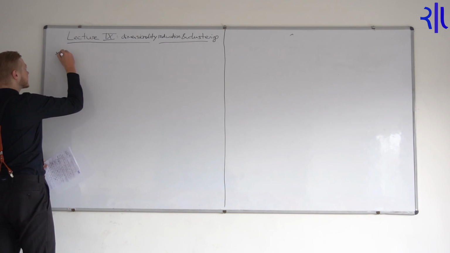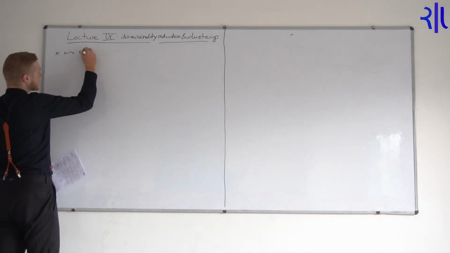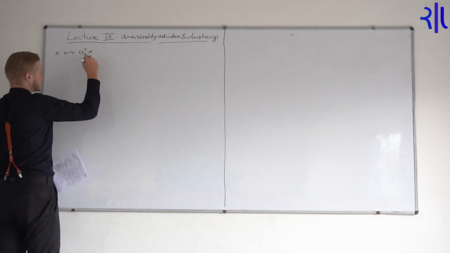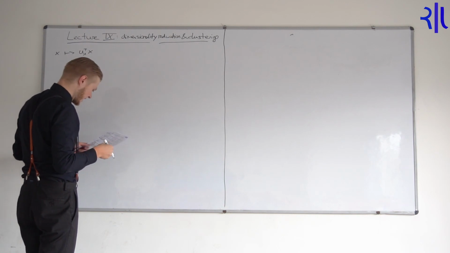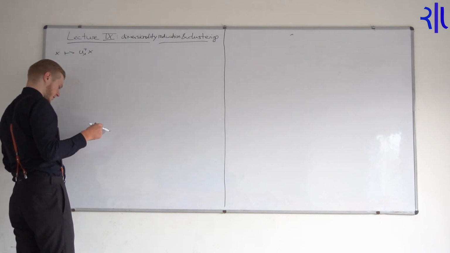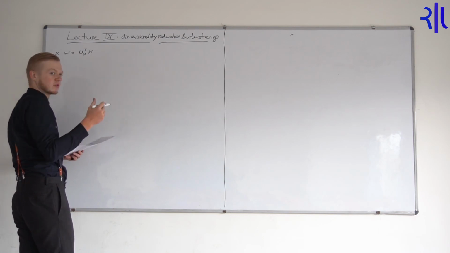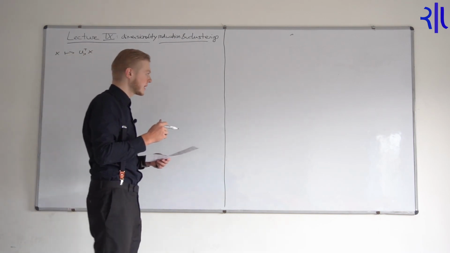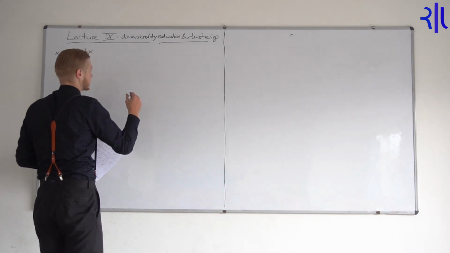So a data point x is mapped to u1 transpose x, and the whole data set therefore the same way, and we can transform it now. We can project out the first axis that we have found.